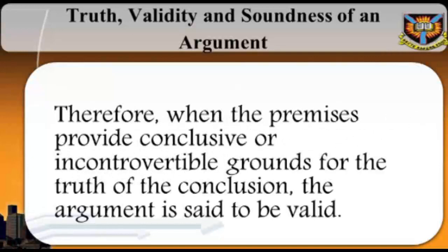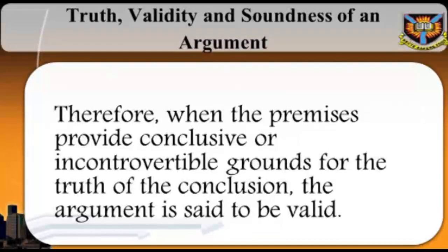Therefore, when the premises provide conclusive or incontrovertible grounds for the truth of the conclusion, the argument is said to be valid. This shows that there is some connection between truth and validity of an argument.